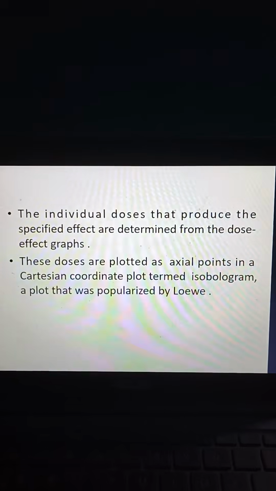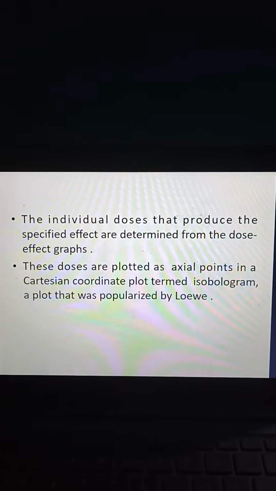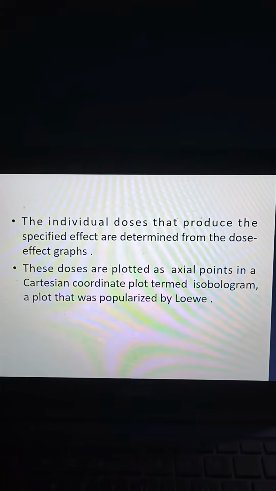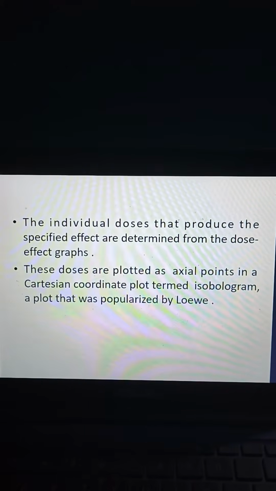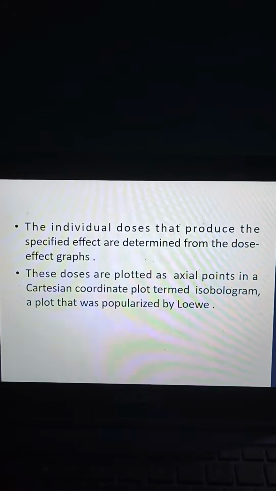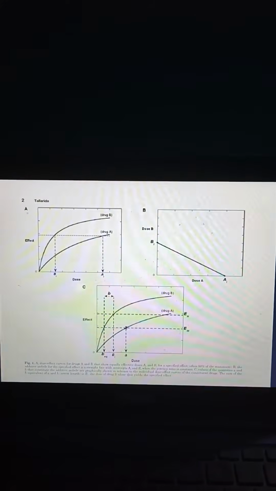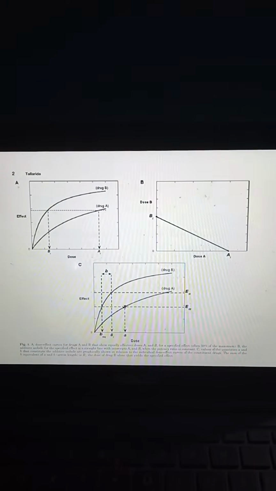Then the individual doses that produce the specified effect are determined from the dose effect graphs. These doses are plotted as axial points in a Cartesian coordinate plot termed an isobologram, a plot that was popularized by Loewe.